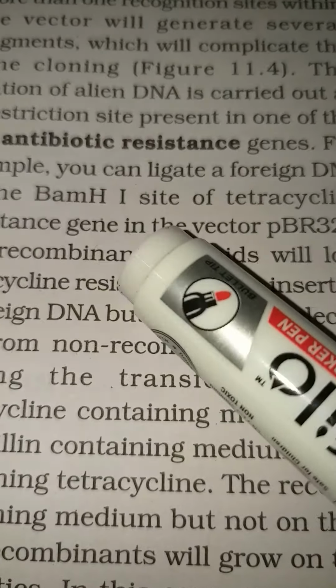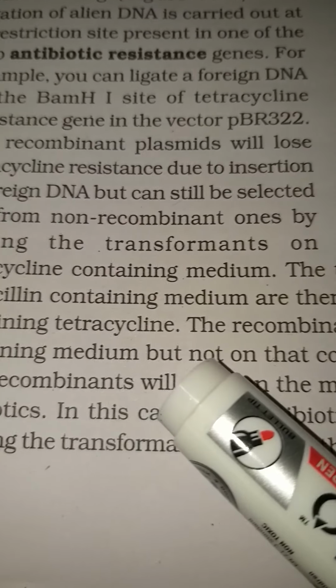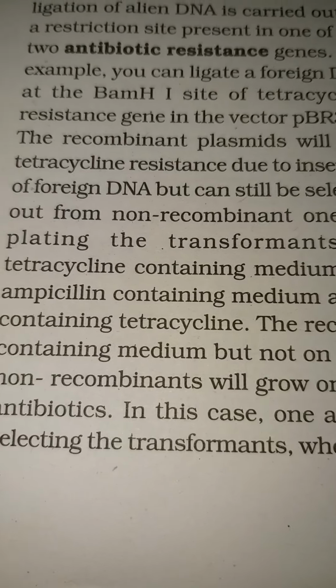So you see here, this is the ampicillin resistant medium and this is the tetracycline resistant medium. Now you see, on plating this, the recombinant will grow in ampicillin medium, but not in any other medium containing tetracycline.